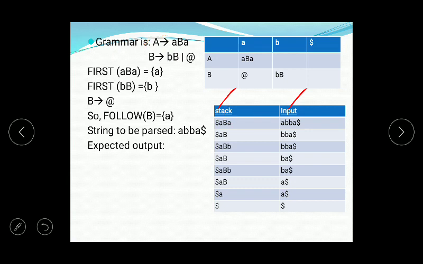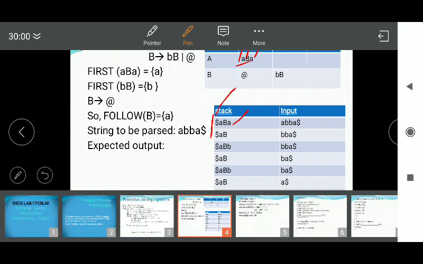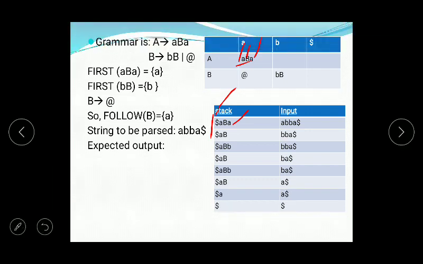Even though the production is ABA, we are copying the last A first, then B, then the first A. Means the first A we should get on the top of the stack. Always this dollar indicates the bottom of the stack. So ABA means you have to read like this, ABA. So the first A is here.